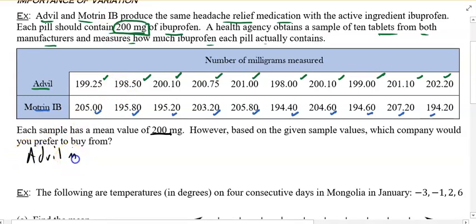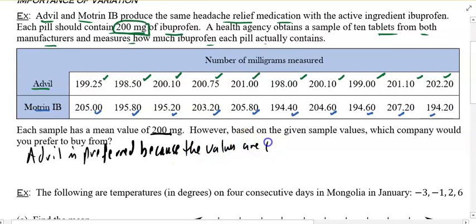And the reason for that, because the values are closer to 200 milligrams than those of Motrin IB.